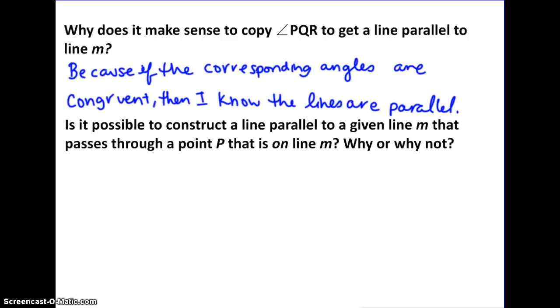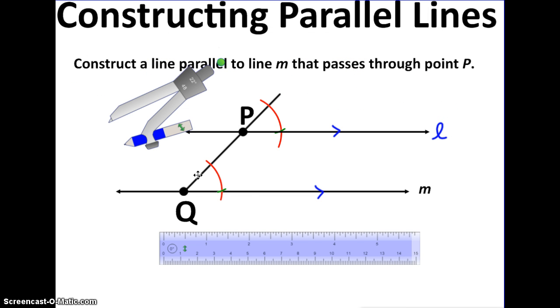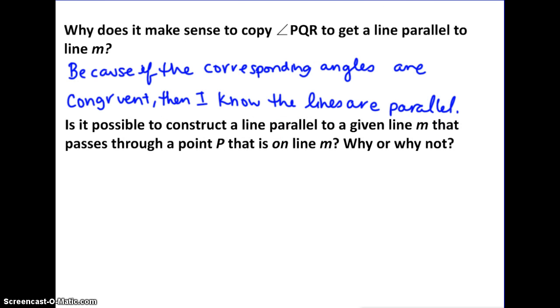Alright, is it possible to construct a line parallel to the given line M that passes through a point P that's on line M? Well, if the line goes through point P and touches M, it can't be parallel. So if this point P was on line M, then isn't line M the only parallel line I can make?